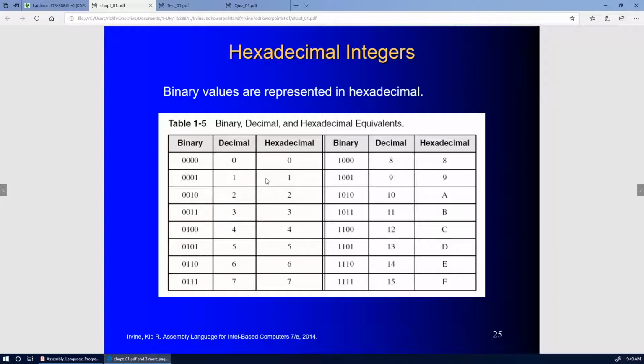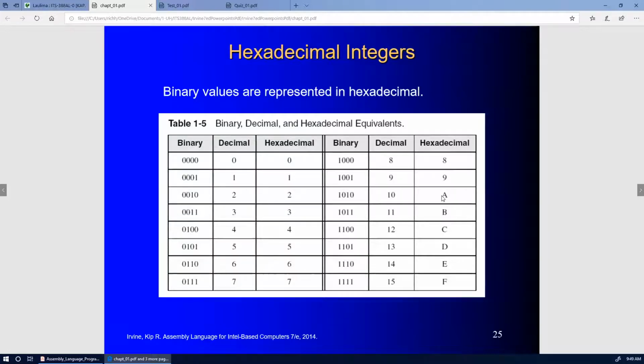From 0 to 9 it's the same, but after that we need some more digits because it's base 16, so for 10 to 15 we use A, B, C, D, E, F. But because hexadecimal is 2 to the 4th and binary is 2 to the 1st, it's a power. The translation is real easy and direct.